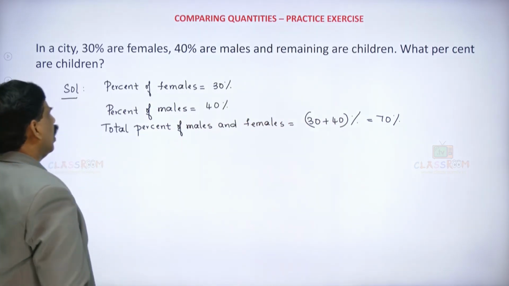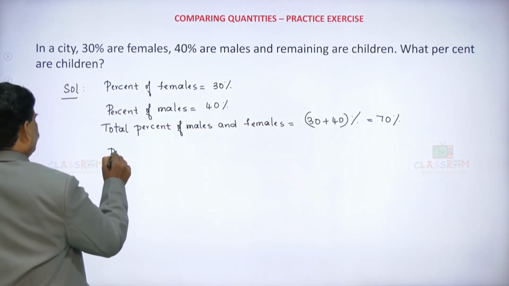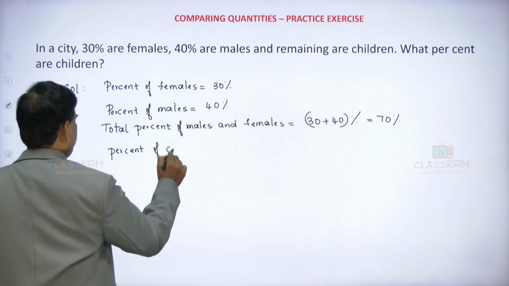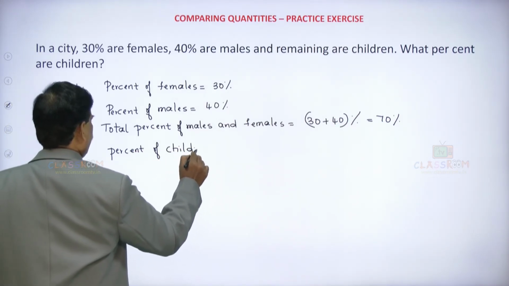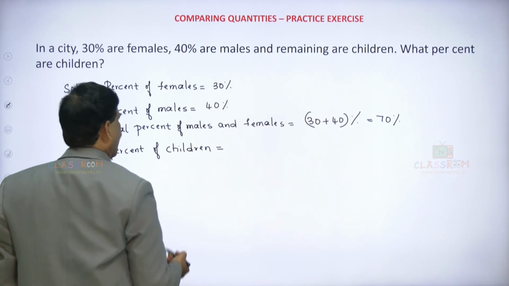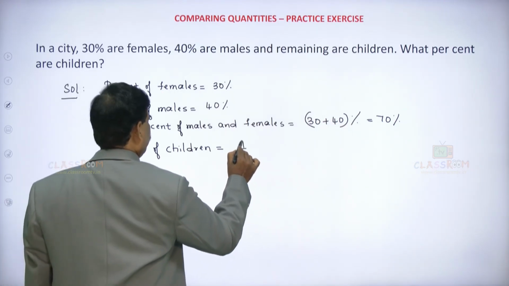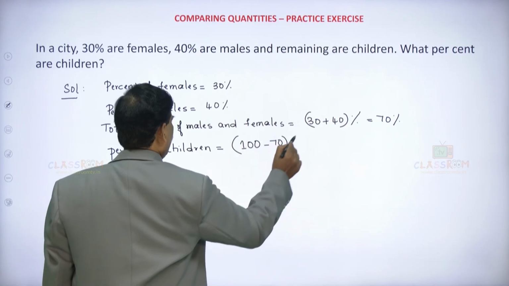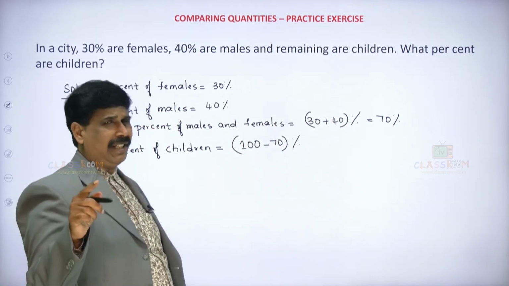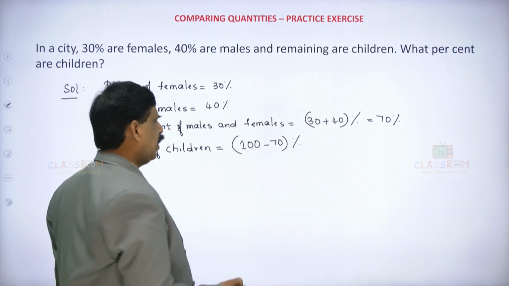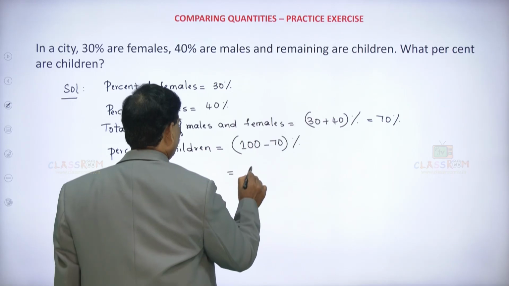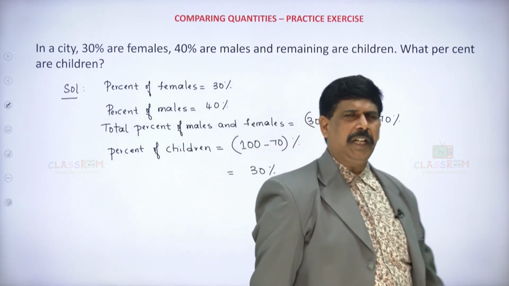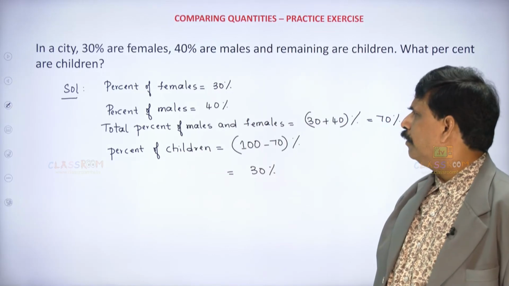So the remaining all are children. So percent of children. As percent means per 100, 70 of them are either male or female. That means the rest are children. So 100 minus 70, that is equal to 30. So 30% are children. Clear?